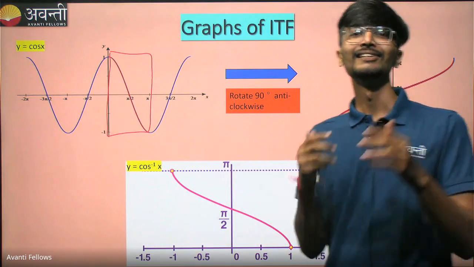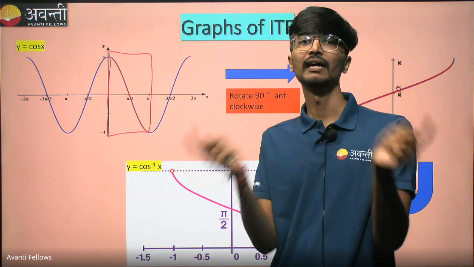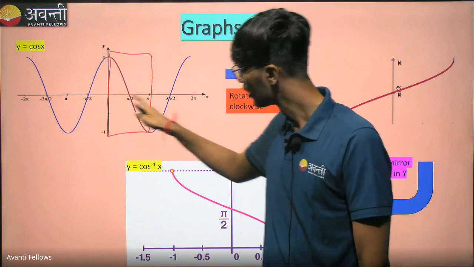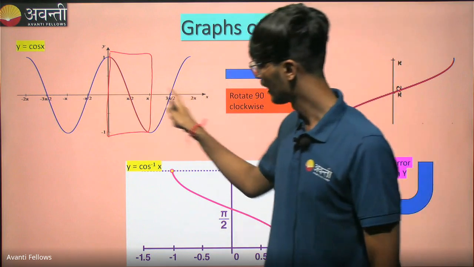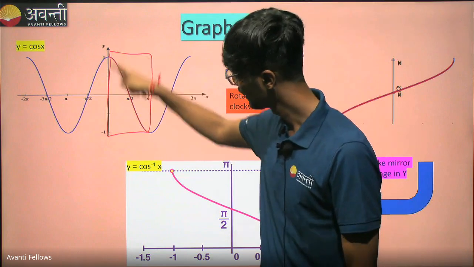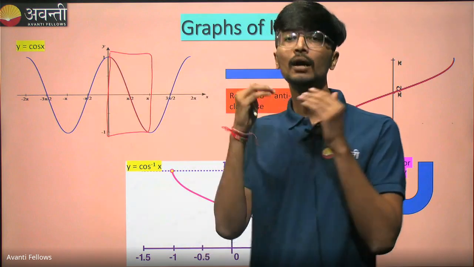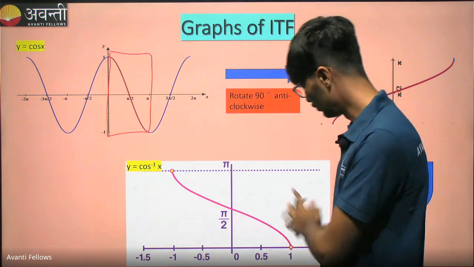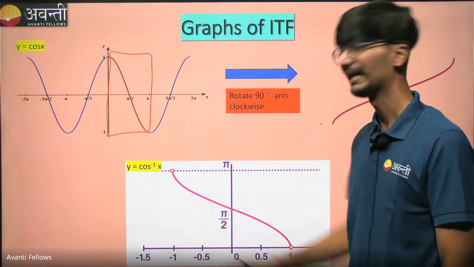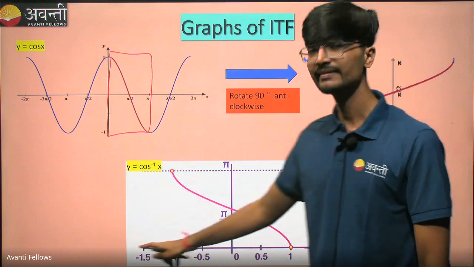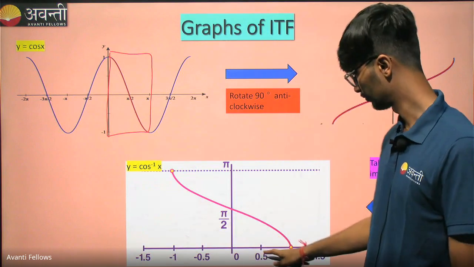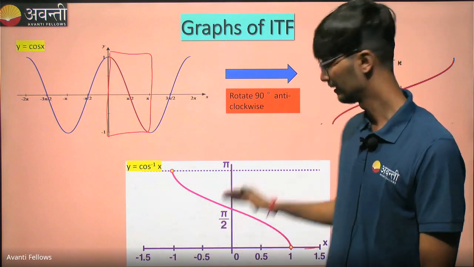And again, the input and output get interchanged, the X and Y axes get interchanged. What was on the X axis? There were angles. What was on the Y axis? There were values. Now there will be values on the X axis and angles on the Y axis. See here, the X axis has values -1, -0.5, 0, 0.5, 1, and the Y axis is angle.